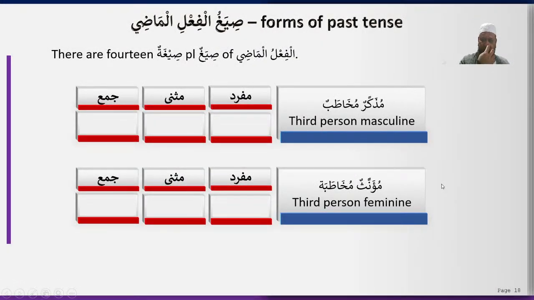Next, the mukhatab. So all 6 forms of mukhatab, the lam kalima is sakin.